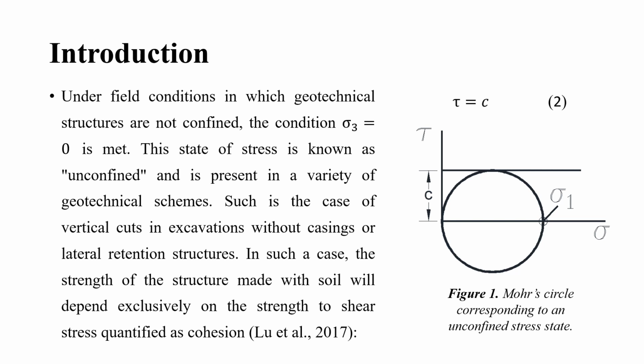So in this case, this Mohr circle is more appropriate to represent the tensile strength of soils whenever it is subjected to any stress combination that doesn't subject the soil to any confining stress.